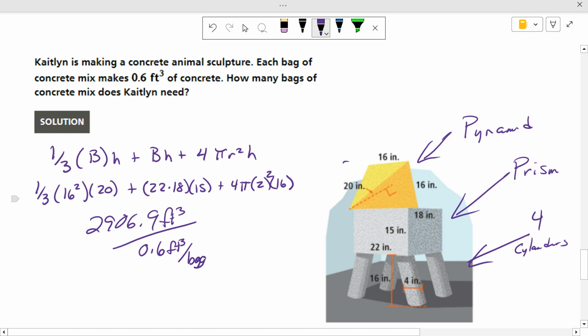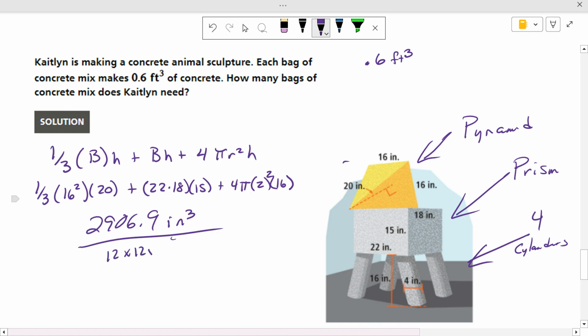Oh, whoa. This is in inches. This is inches cubed. Okay? 0.6 of a cubic foot. So to take this into cubic feet, we have to divide this by 12 by 12 by 12.